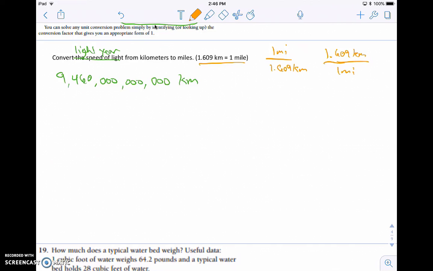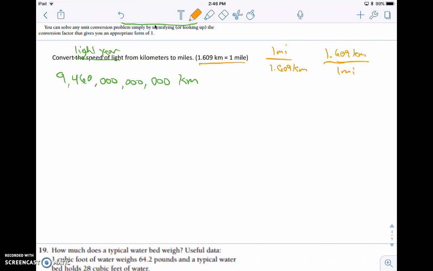Either way, those are both equivalent to 1. The question is which conversion factor, or which fraction, are we going to use? We are trying to go from kilometers to miles, so I want to cancel out the kilometers and keep the miles.